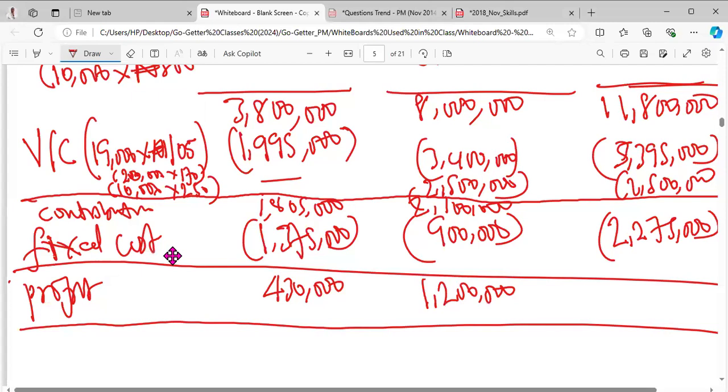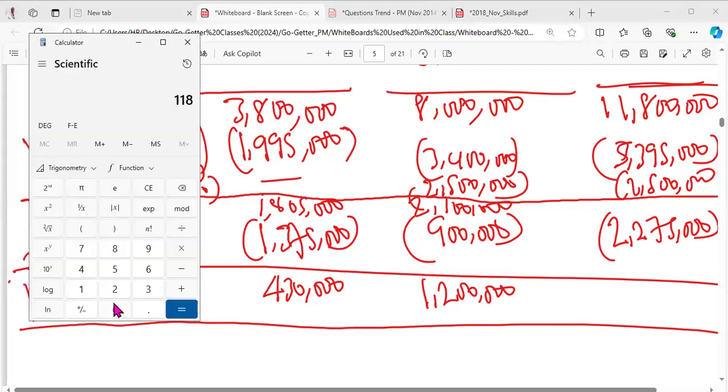And let's look at this other one here. 11,800,000 minus 5,395,000 minus 2,500,000. Contribution is 3,905,000.